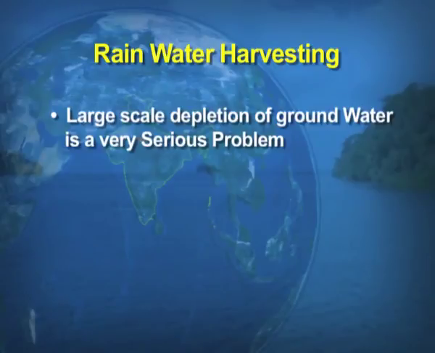Now another concept is rainwater harvesting. The large scale depletion of groundwater is a very serious problem. So this is a technique of increasing the recharge of the groundwater by capturing and storing rainwater locally to meet household needs, because we have already discussed that groundwater is nothing else but the rainwater which percolates through the ground, through the pores, through the type of rocks we have in certain areas.